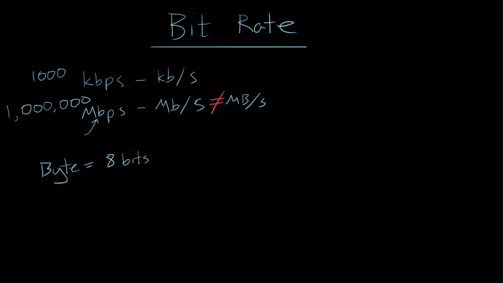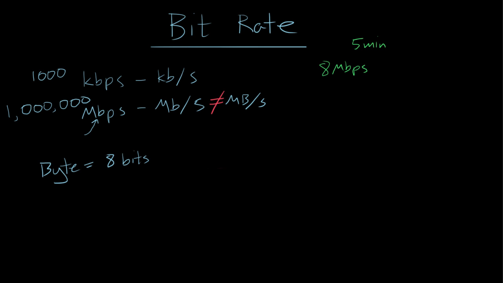So let's take an example. Let's say I have a codec that is going to give me 8 megabits per second. Okay? And I have a video that I'm going to export, and it's going to be 5 minutes long. And I want to know, okay, how big is that file going to be? Well, first of all, we have 8 megabits per second.